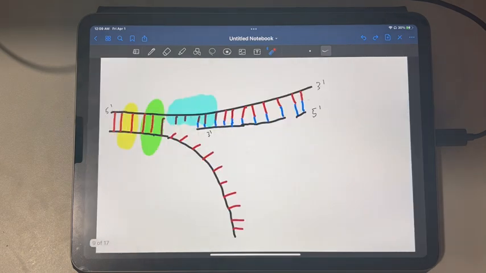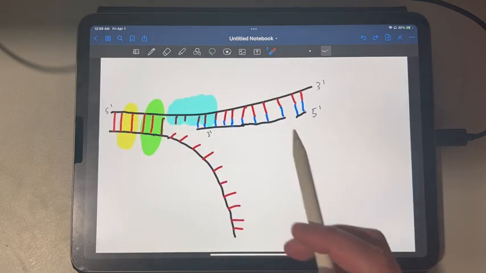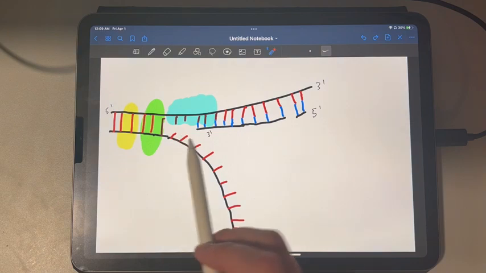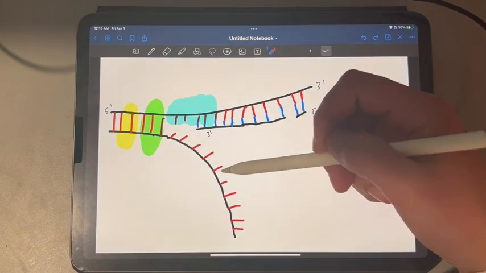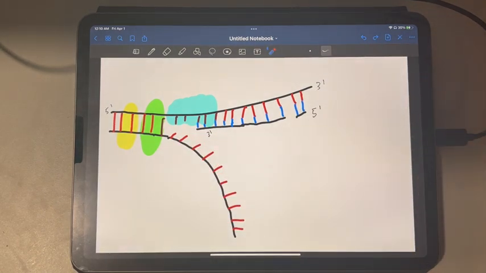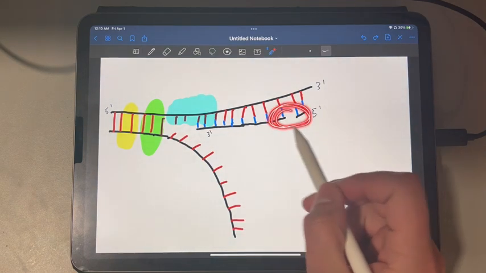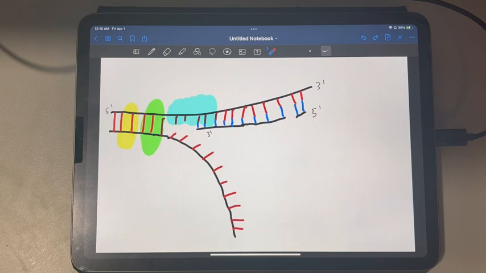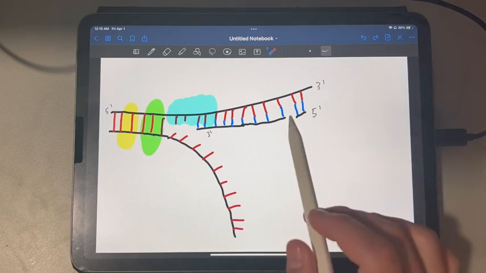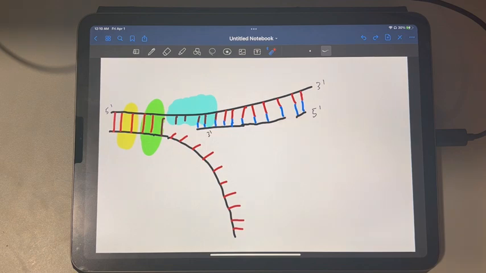So after that happens, I have just moved this back out because that's the lagging strand, and I'll explain that later. So after that happens, you can see there's still no phosphodiester bond between the backbone of the DNA.